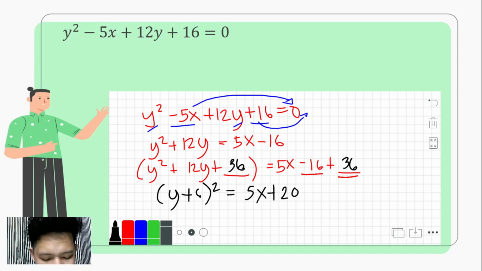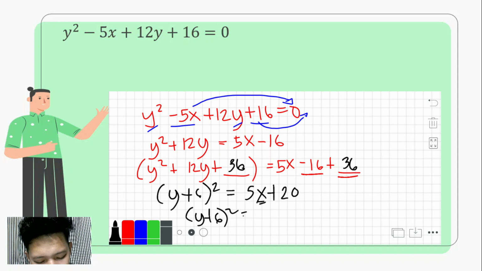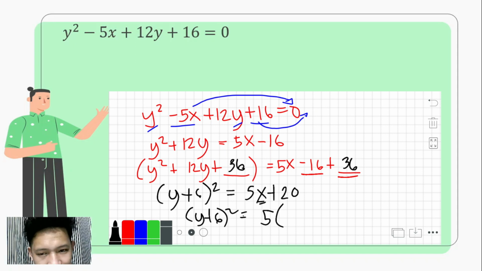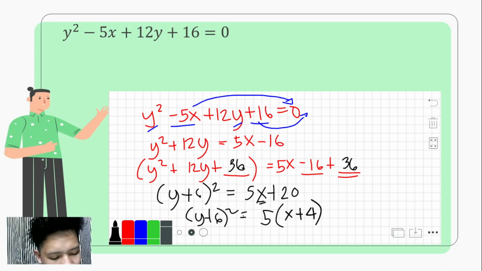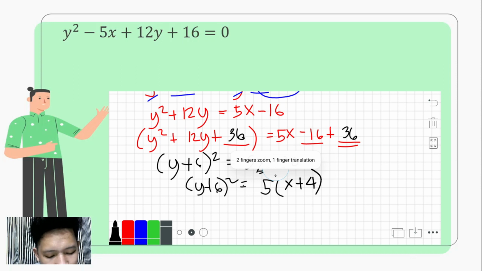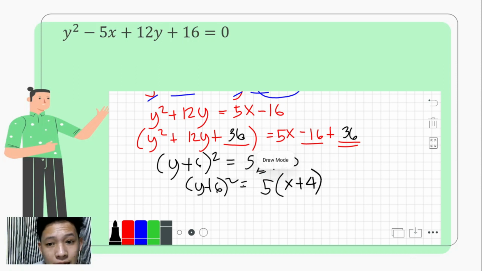At para maging x lang ito, what we're going to do is to factor out 5. And that makes it y plus 6 squared equals 5. Kapag inalis natin si 5 kay 5x, that is actually x. And then if we factor out 5 from positive 20, that is actually positive 4. Hence, we have y plus 6 squared equals 5 times x plus 4.